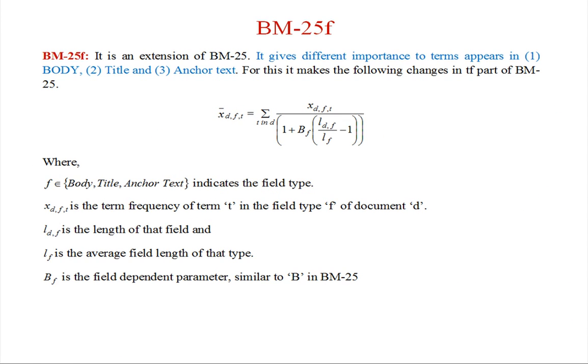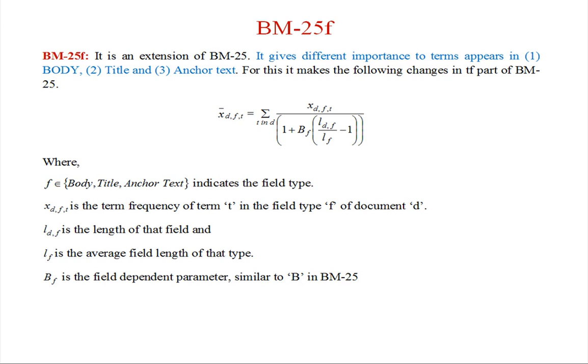Now the next extension of BM25 is BM25F. In the earlier BM25 model, we do not give any extra preference to different parts of the document. For example, the title may contain the most important information in documents.